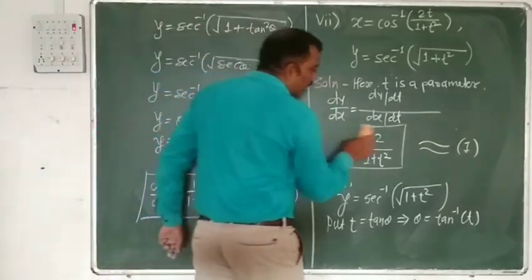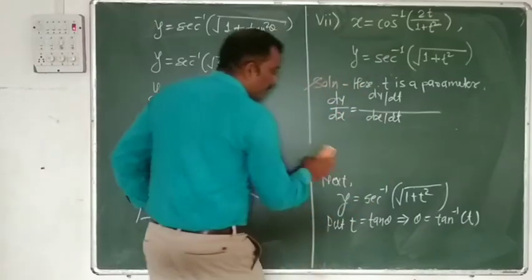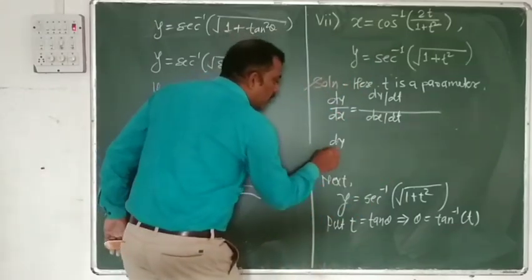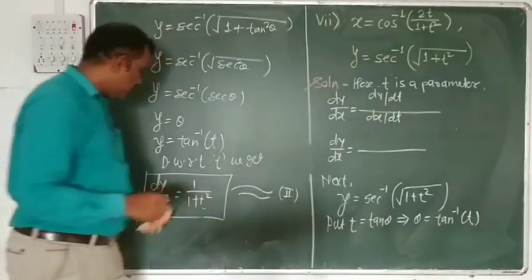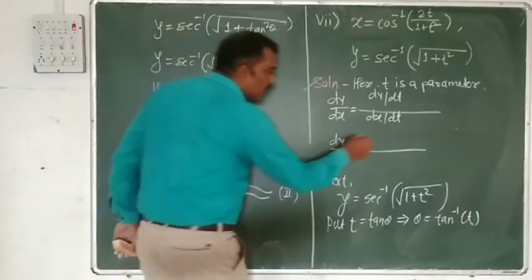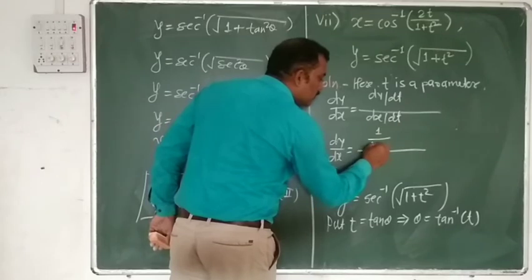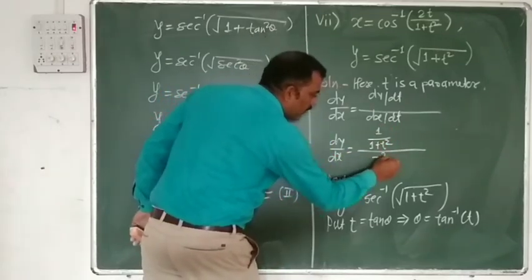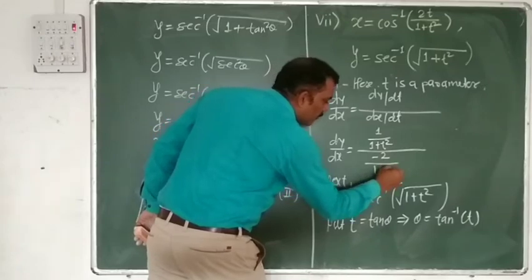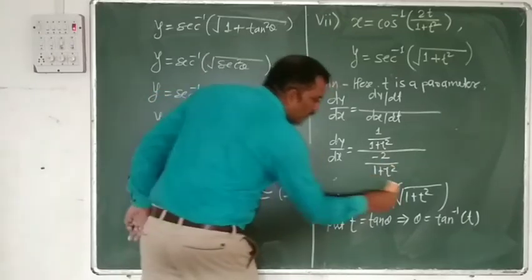So that what we have to get, dy by dx is equal to dy by dt, which is nothing but 1 upon 1 plus t square. Dx by dt, that we have already said, is minus 2 divided by 1 plus t square.